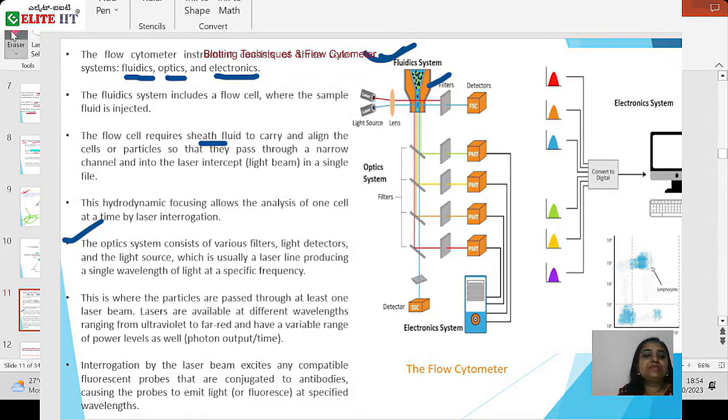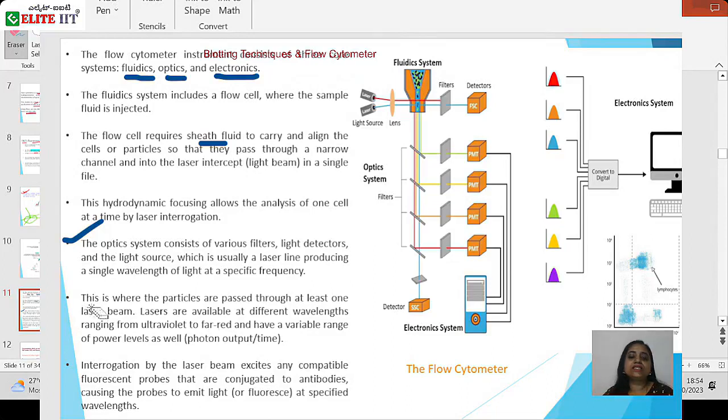This is a very good figure. You add the sample and laser beam, there will be two scatterings, SSC and FSC, you detect them, and finally you compile the data.